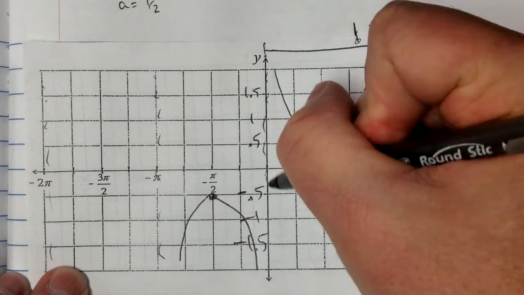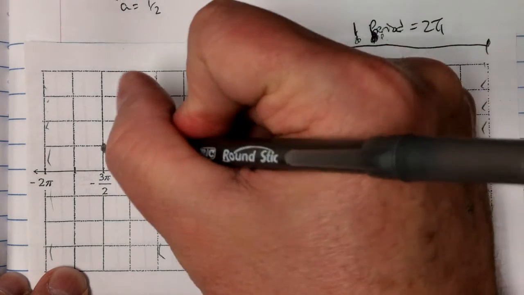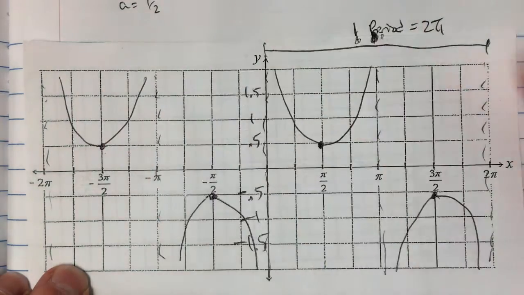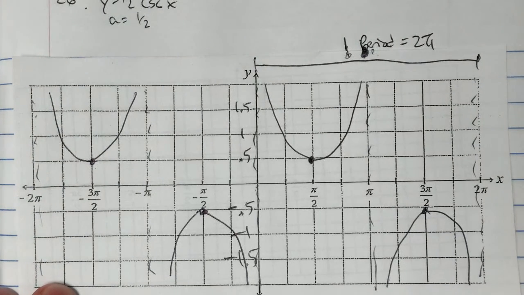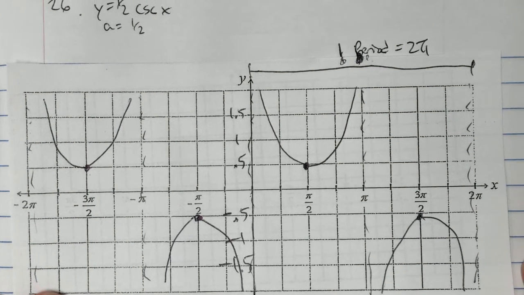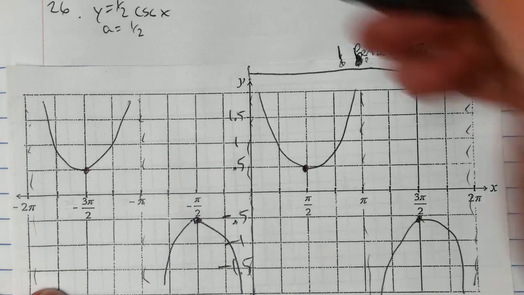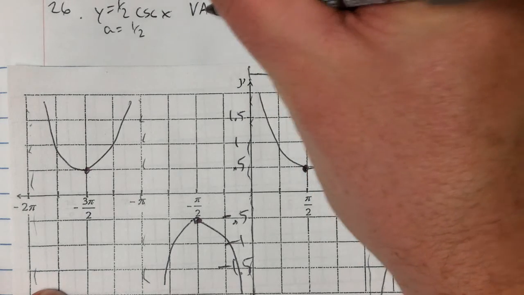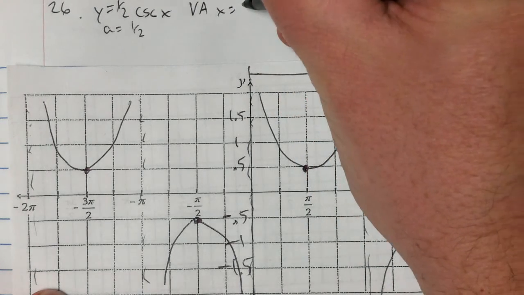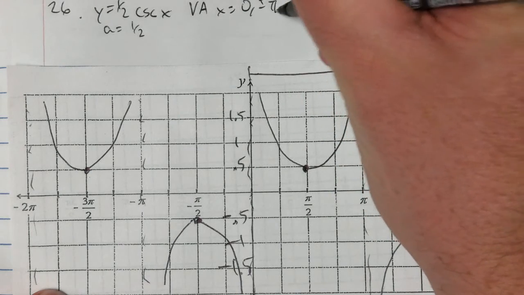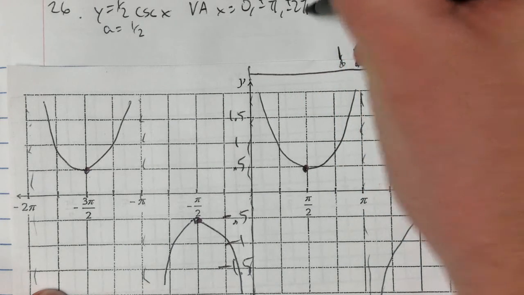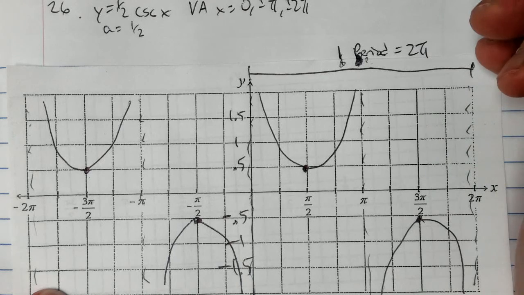And asymptote here and there. Okay, so let's write out our descriptions also. Our vertical asymptotes are at x equals 0, plus and minus pi, plus and minus 2 pi.